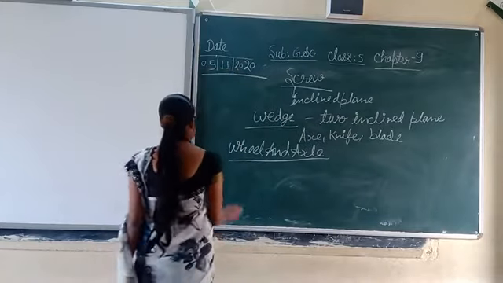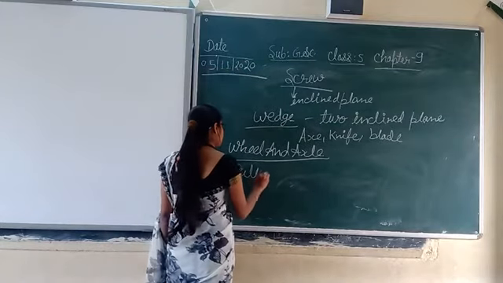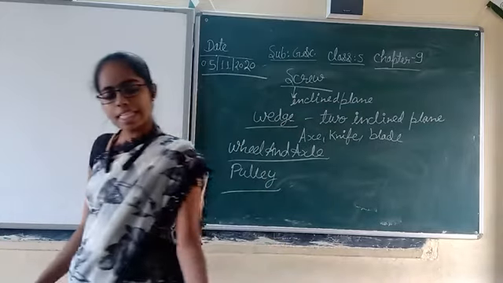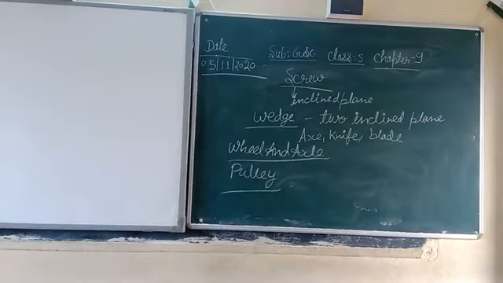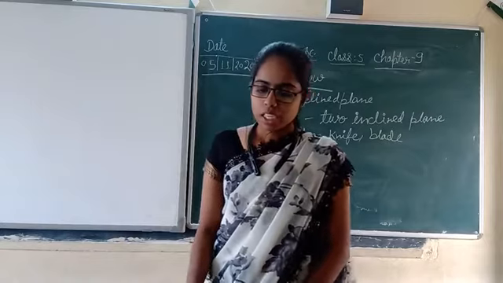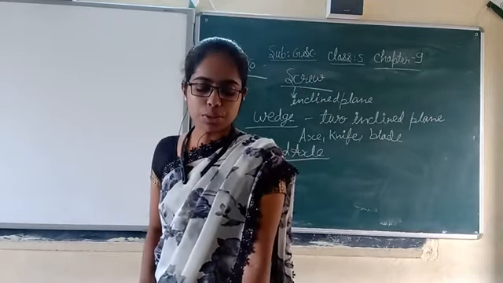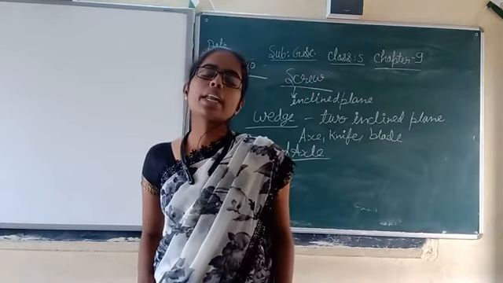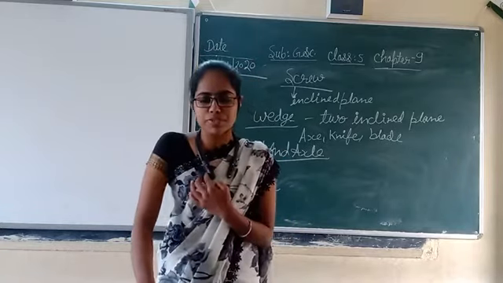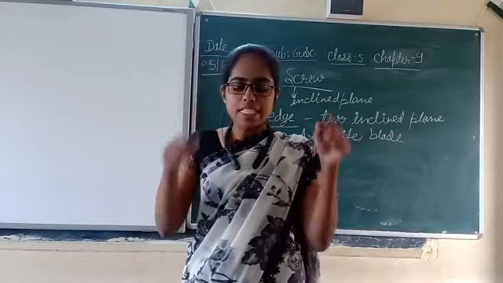Now, let's study about the pulley. A pulley is a machine. It consists of a grooved wheel with a rope round it. It is a machine used to lift a load straight up.